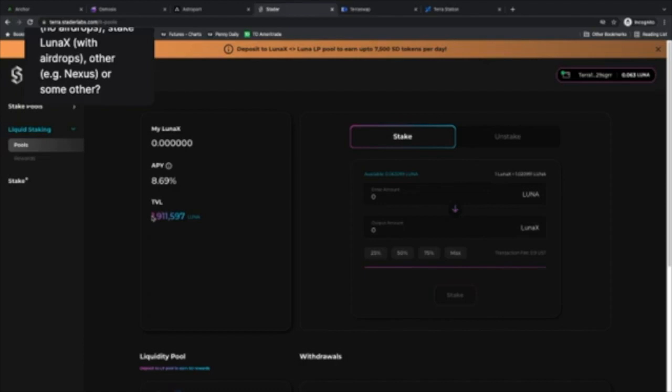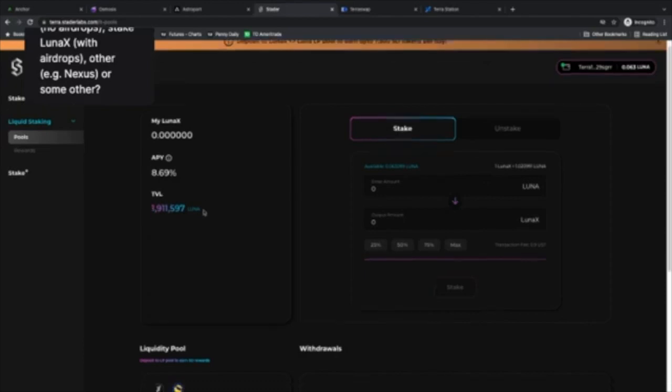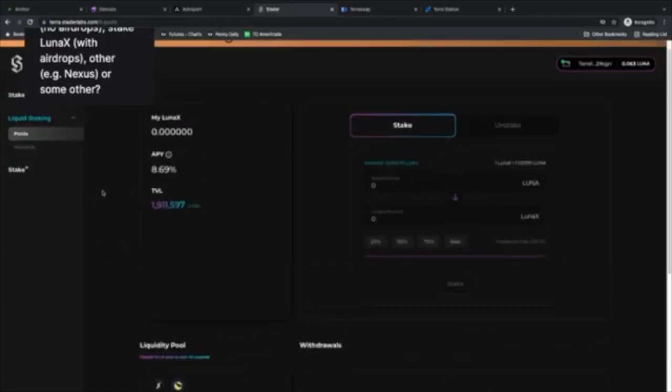No, Astro's very different. That's a different concept, but it's very similar to AUST. Have you seen how Anchor AUST works, where the yield from Anchor Earn makes your AUST token go up in value? Anchor Earn opened last March, right? At that time, AUST and UST were equal 1-to-1.